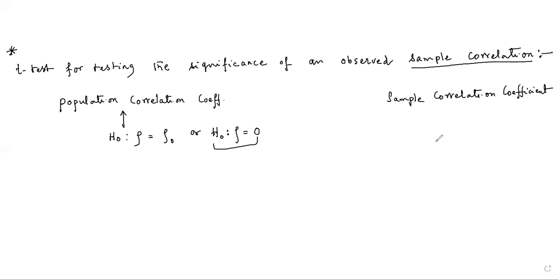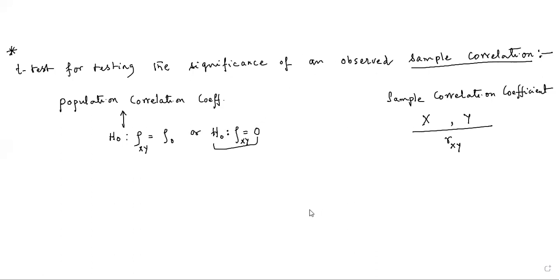What we actually do is try to collect the sample from the population and measure the sample correlation coefficient between the two, Rxy. On the basis of the sample correlation coefficient Rxy, I am going to reject or accept the hypothesis related to the population correlation coefficient.